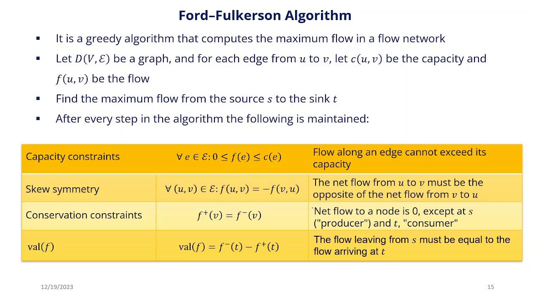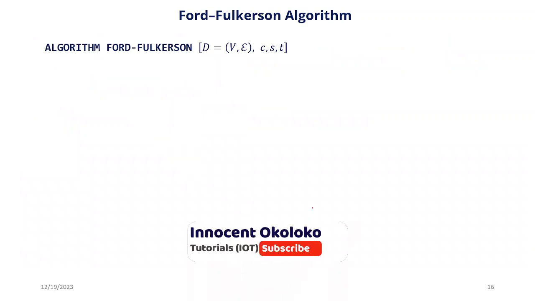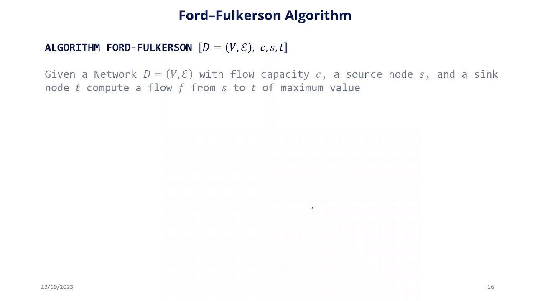However, we have already done something based on this algorithm when we were looking at the maximum flow in the first example that we considered on maximum flow problems. So it's about the same thing. It's not going to be much different. Formally, we describe the Ford-Fulkerson algorithm as follows. Algorithm Ford-Fulkerson: D = (V, E), C, S, T. You already know what those mean.